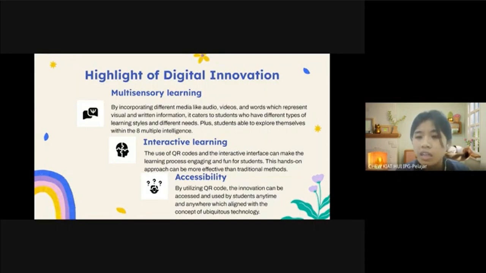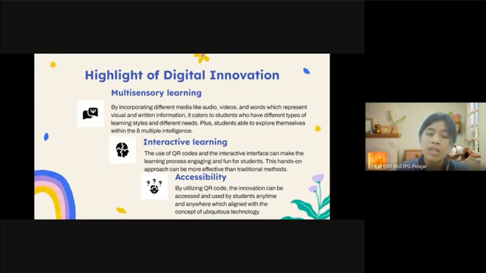First, it creates a multi-sensory learning to the students. By incorporating different media like audio, videos, and text, the written text, which represents for the visual and written information, it actually caters to students who have different types of learning styles and different students' needs.